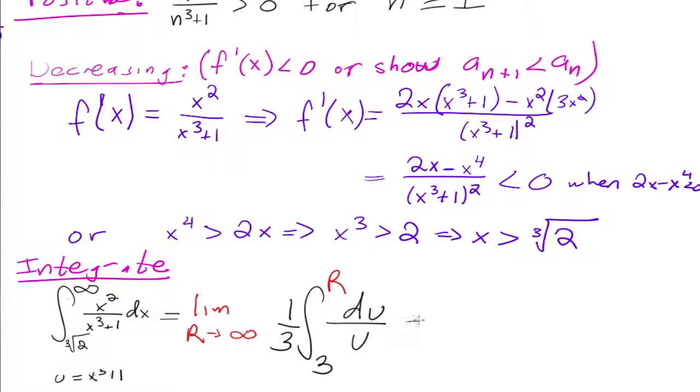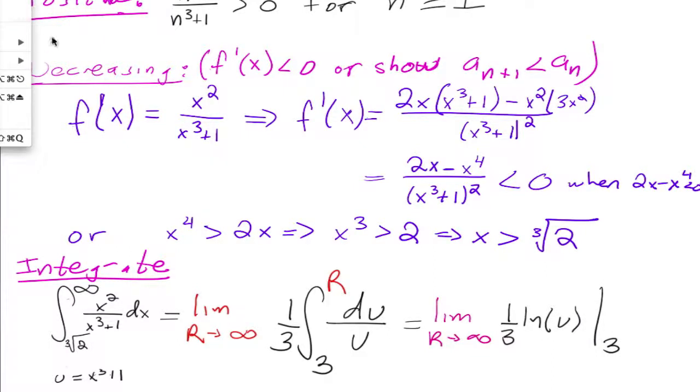So then this is equal to the limit as r goes to infinity of, what's the antiderivative there? ln of u, evaluated from 3 to r.